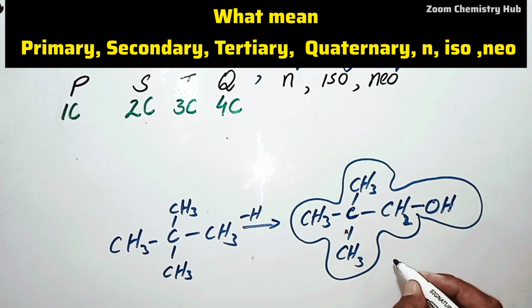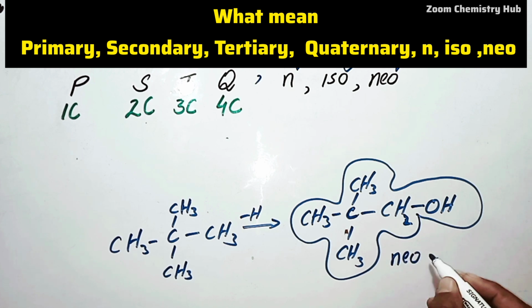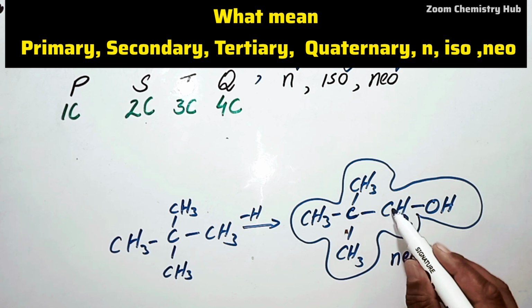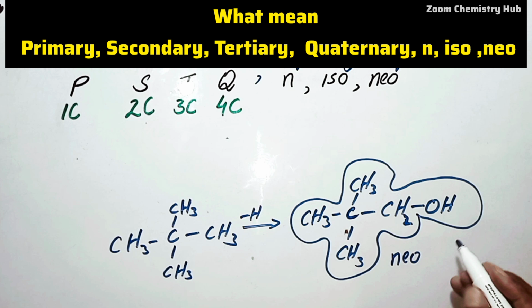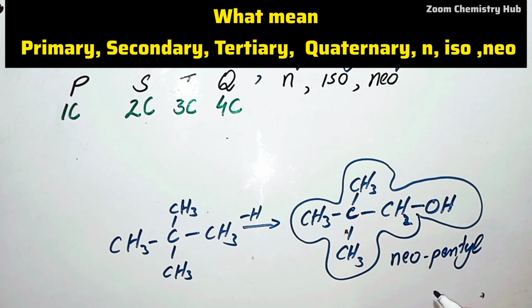So this is the neopentyl alcohol, that is 5 carbon atoms, neopentyl alcohol.